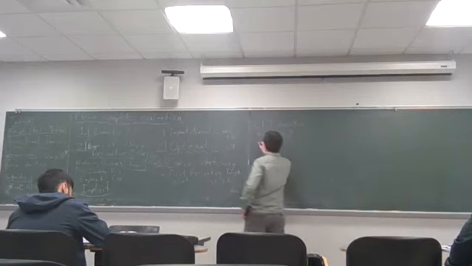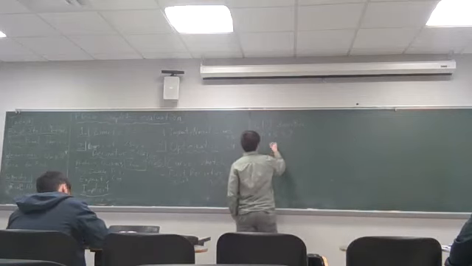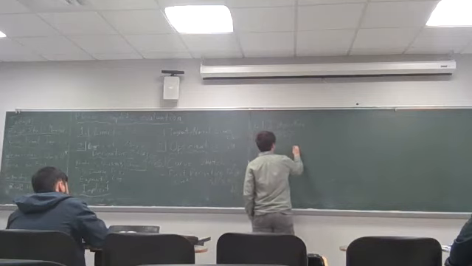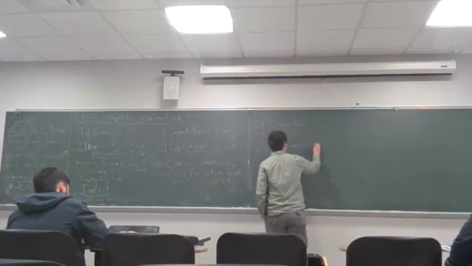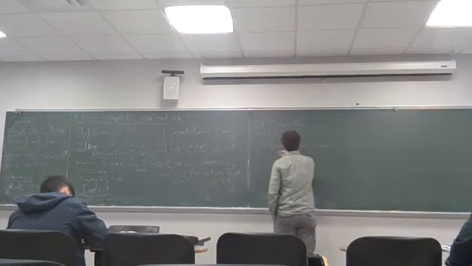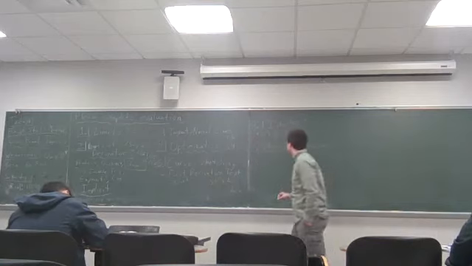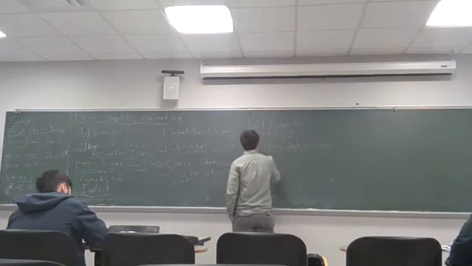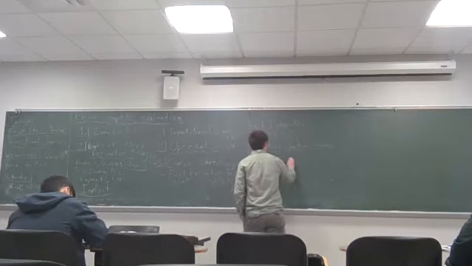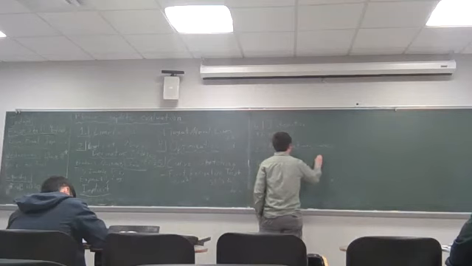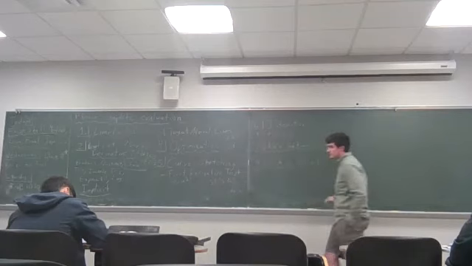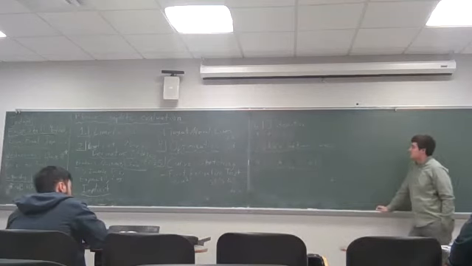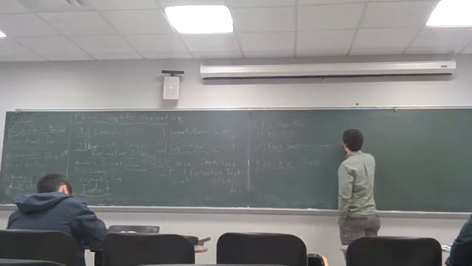Chapter 7 kind of goes with this, but I'll write it anyway, just to emphasize. You need to know this and you need to know this. And then this is 4.6.